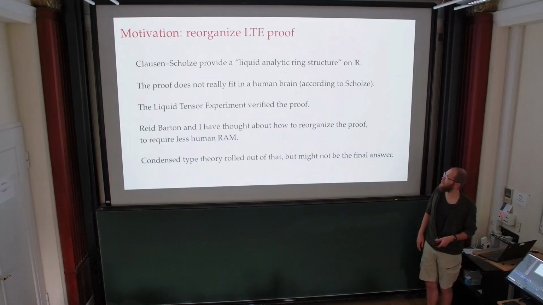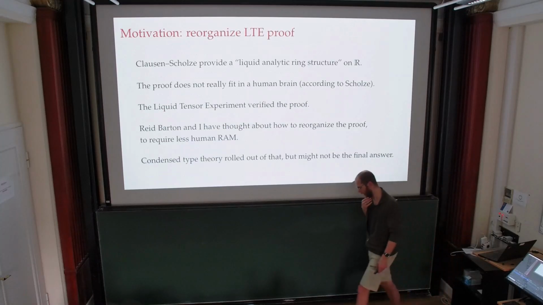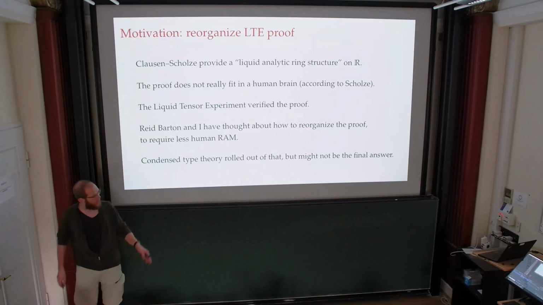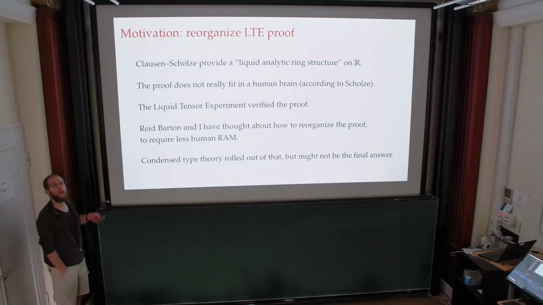And then, some historical background: why did Reid and I start thinking about this? So at some point, I think two years ago, Reid joined the math department in Freiburg for a year as postdoc, and we were working together.